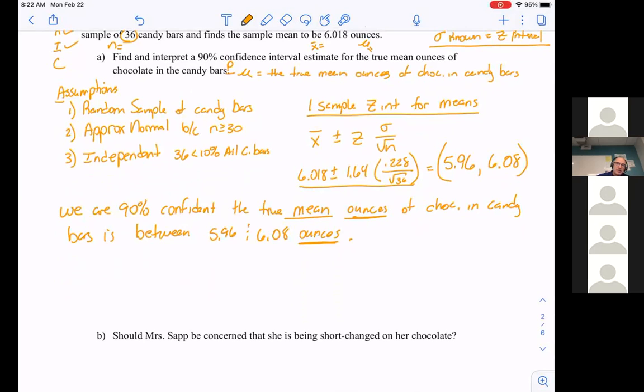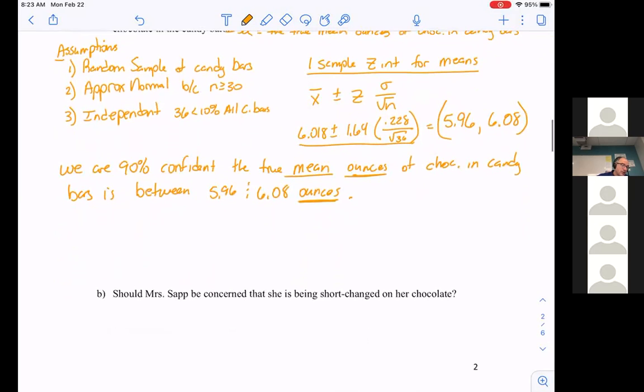Question B, should Mrs. Sapp be concerned that she's being shortchanged? What do you think on this one? I have two answers. Sorry, I was looking at my notes. Should she be concerned that she is being shortchanged?